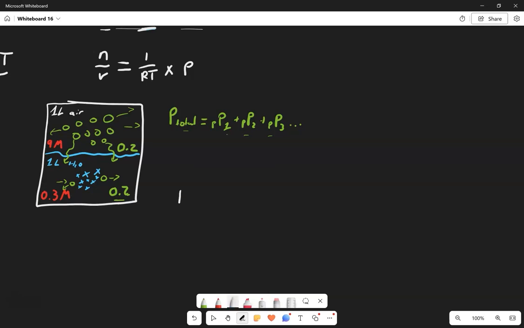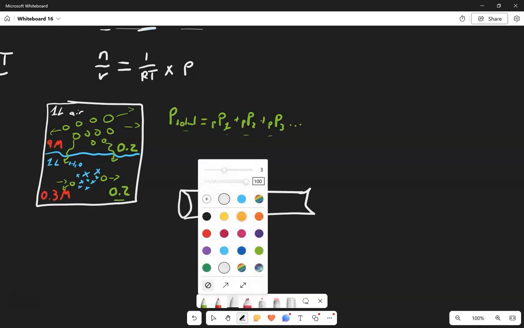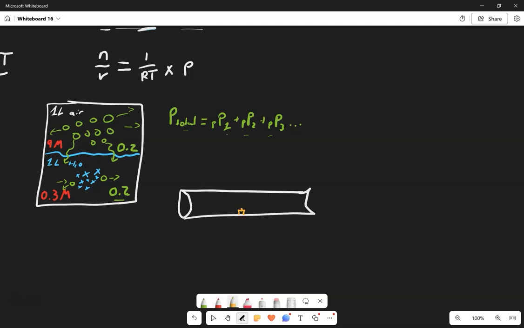So let's look at a system here. Let's say I have a tube, and in this tube I'm going to put an O2 sensor that monitors oxygen. We are going to push water through this tube. So there is essentially 0.3 moles per liter in water, and up here we have 9 moles per liter.